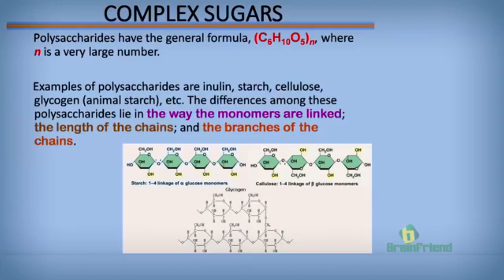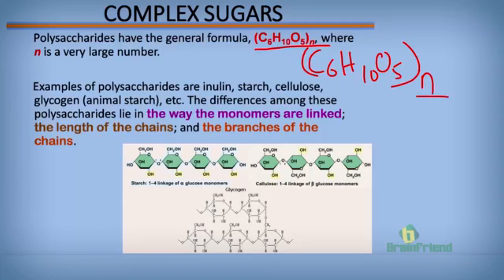So polysaccharides have a general formula of (C6H10O5)n. As we said, n is a very large number. Examples of polysaccharides are inulin, starch, cellulose, and glycogen, also known as animal starch.